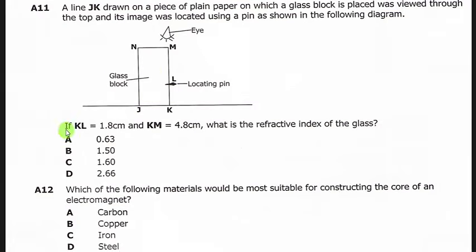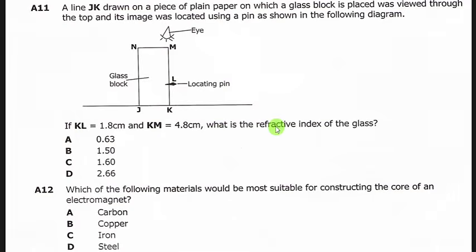So then they're saying KL is equal to 1.8 centimeters, from K to L, and again KM is 4.8 centimeters. Then they are saying what is the refractive index of the glass?